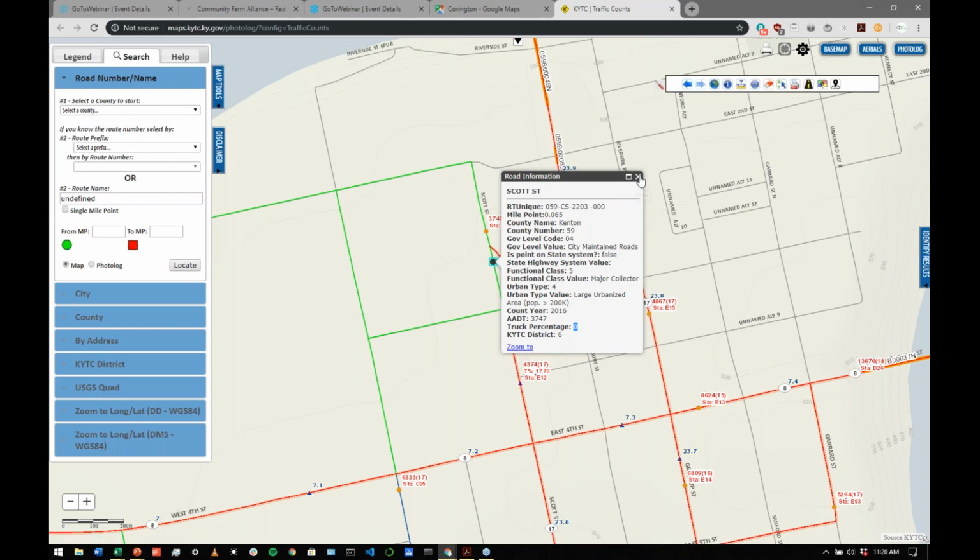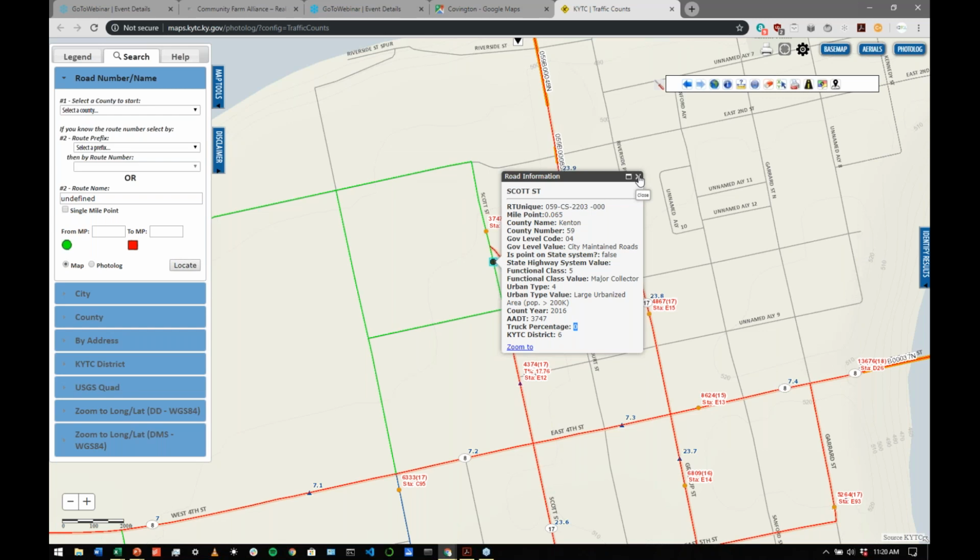It's important to remember that this data is useful, but it's a snapshot of the entire week, not necessarily during your market hours. I happened to have gone to the Covington market a few times.